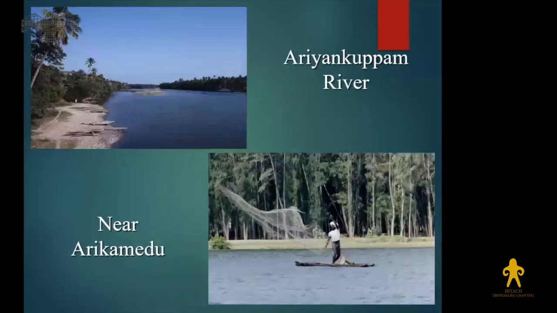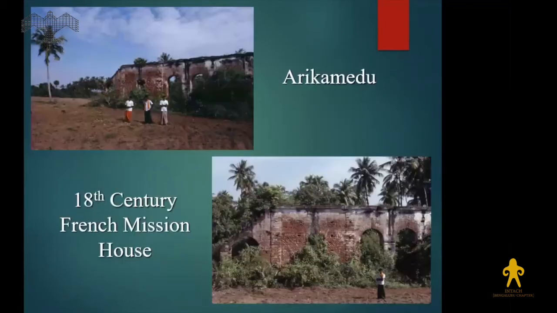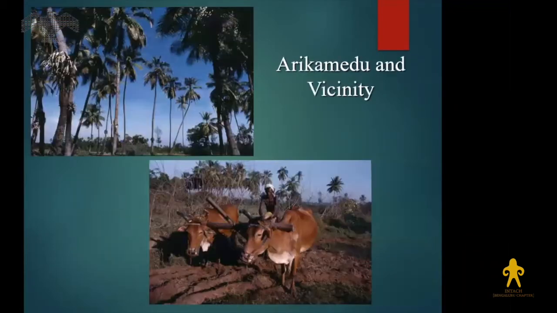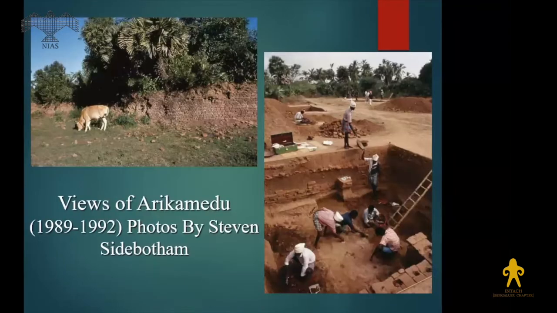And this is the view of Arikamedu. This is an 18th century mission house, and this is how the site exists. These photographs were taken in 1892 during the excavation by Vimala Begley, where you can see some of these. On the left side, you see a brick wall of Chola period or medieval period.